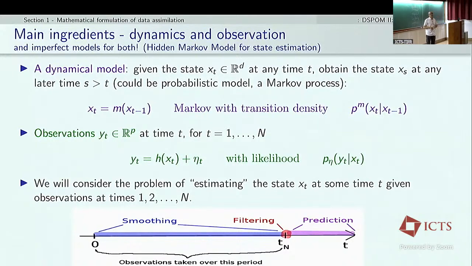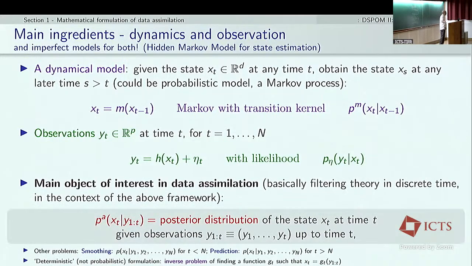So think of n as the present: beyond n is prediction, at the current time is filtering, and anything in the past is smoothing. Okay, what do we want in the probabilistic formulation of the data assimilation problem? Given the observations, and the model is assumed to be given, so the model doesn't make explicit appearance there, we want to know what the state is.